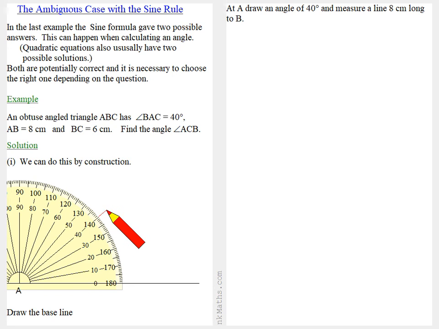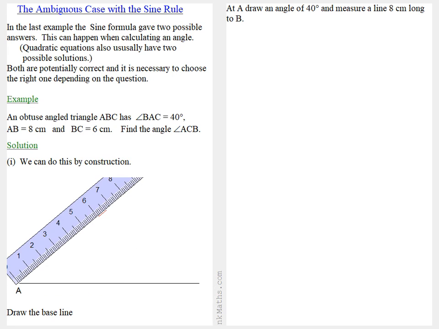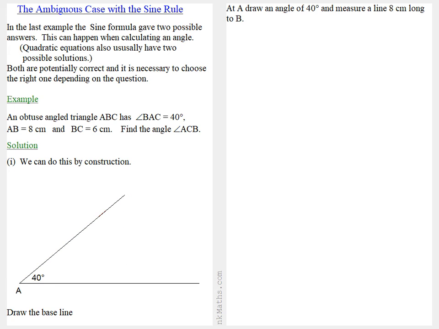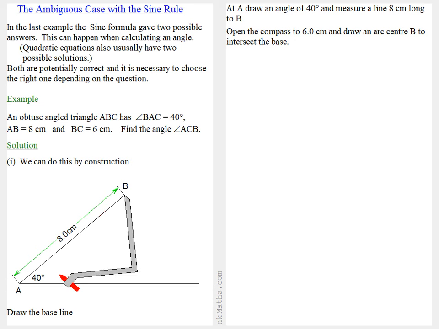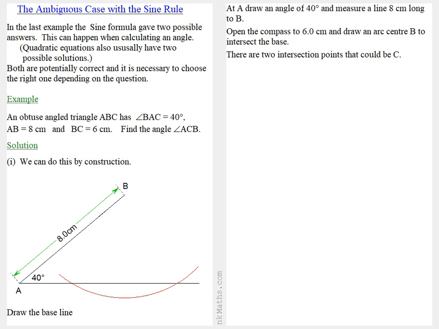We mark the angle, and then from A we draw a line 8 centimetres long, and the other end of the line we label as B. Now we open the compass to 6 centimetres and draw an arc at centre B to intersect the base. There are two intersection points that could be C.